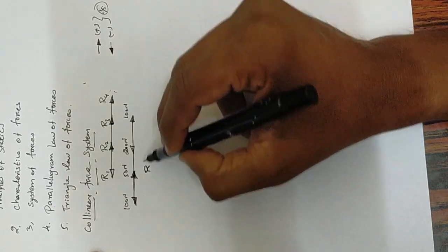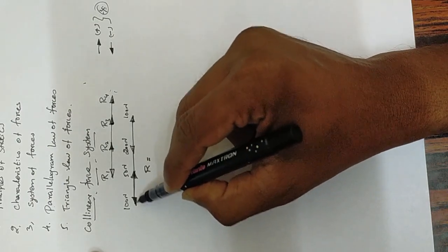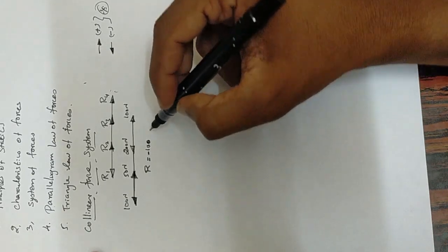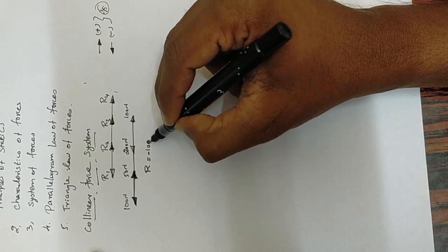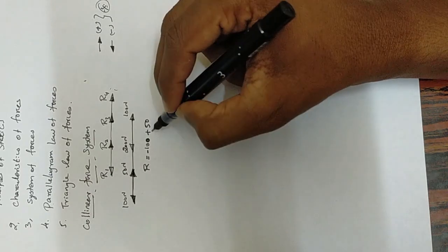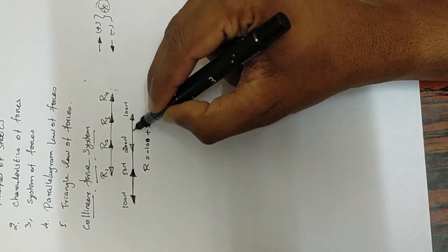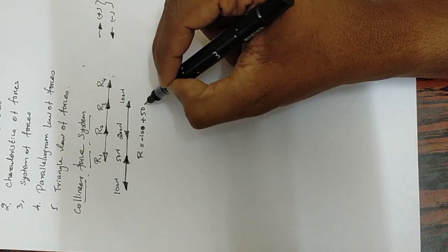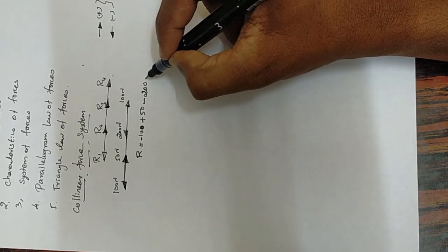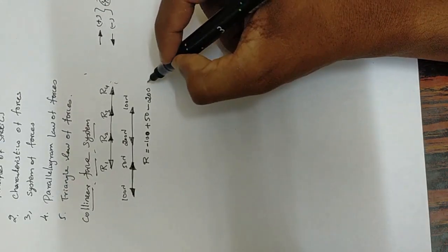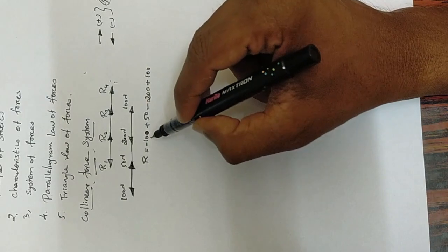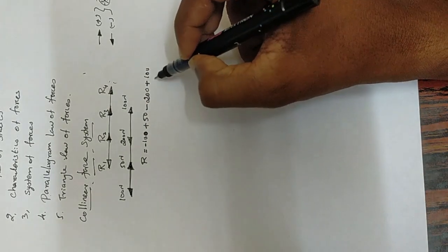Resultant force R equals: this 100 Newton is acting towards the left, so you put the negative sign; this 50 Newton is acting rightward, so positive 50; the 200 Newton is also acting leftward, so minus 200; and one more force, 100 Newton, acting rightward, so positive. So minus 100 plus 50 minus 200 plus 100.